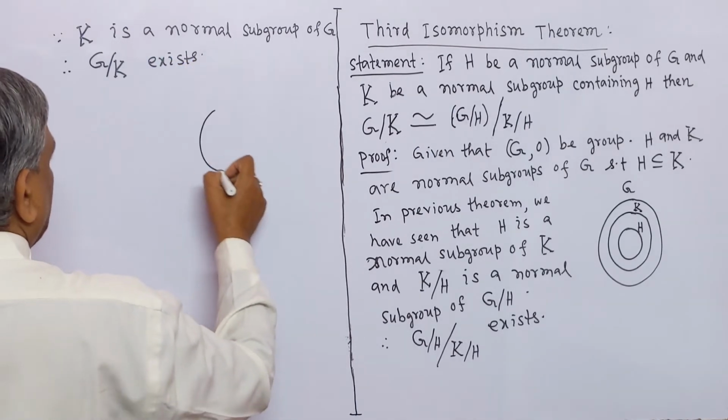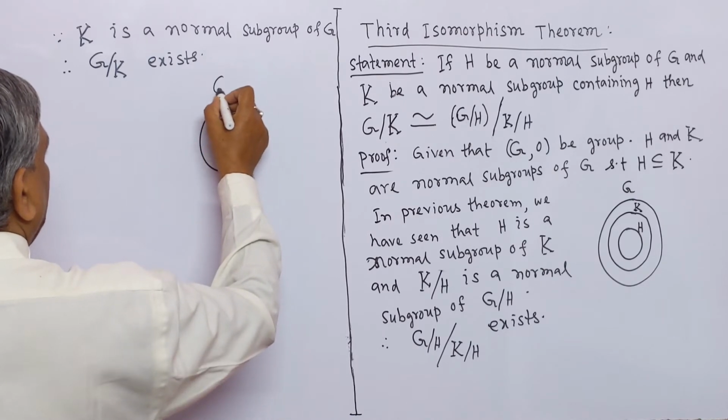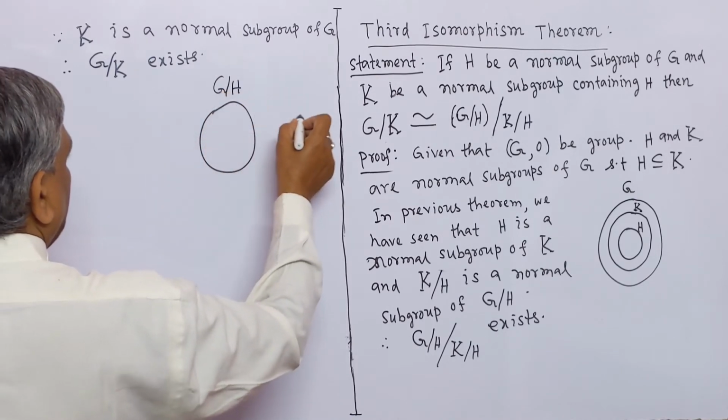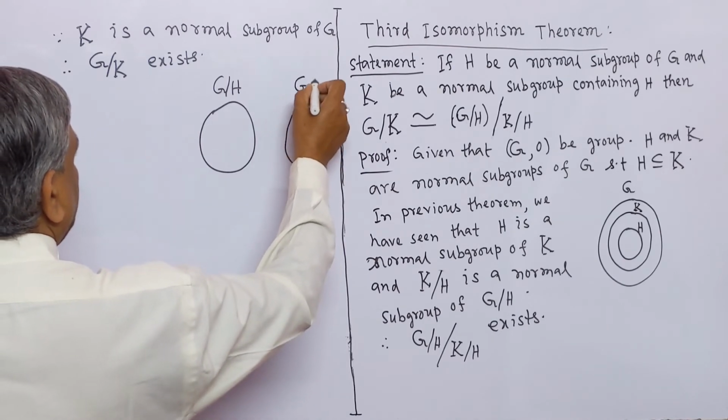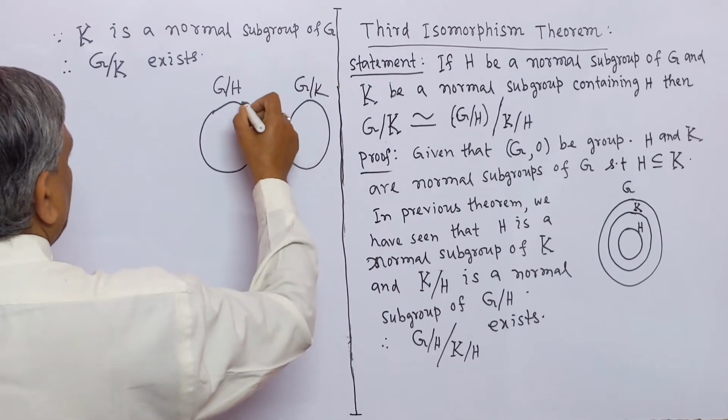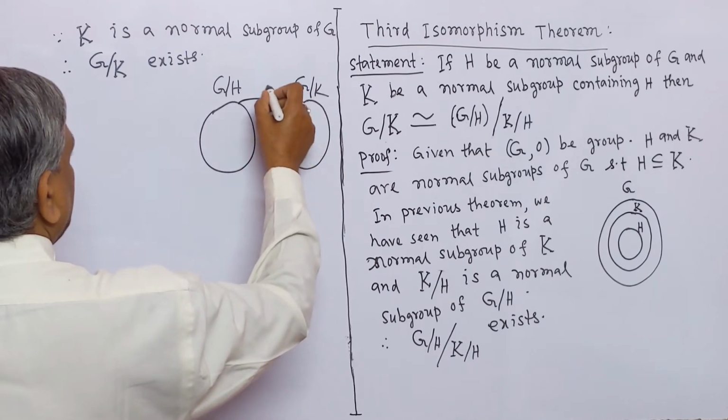Let this is G by H quotient group and this is quotient group G by K. And let phi be a mapping.